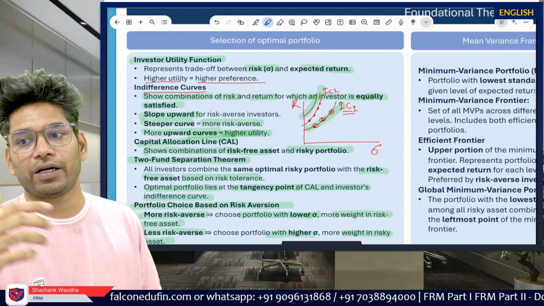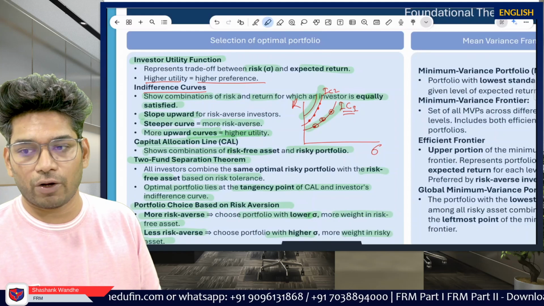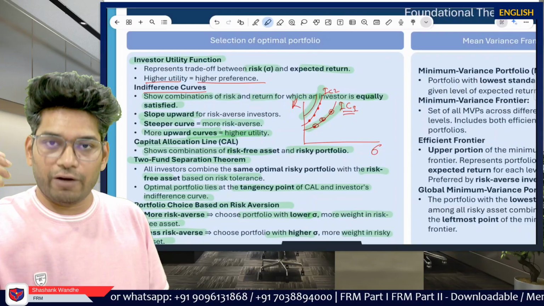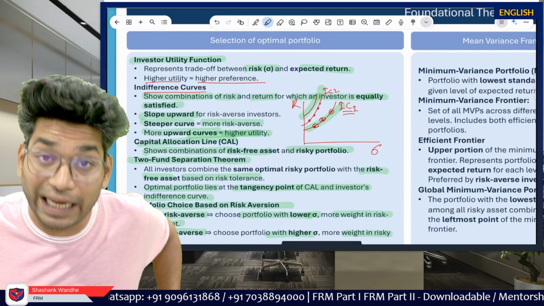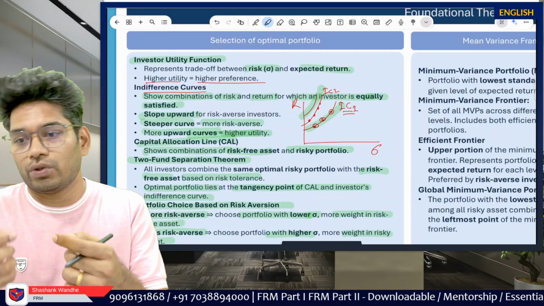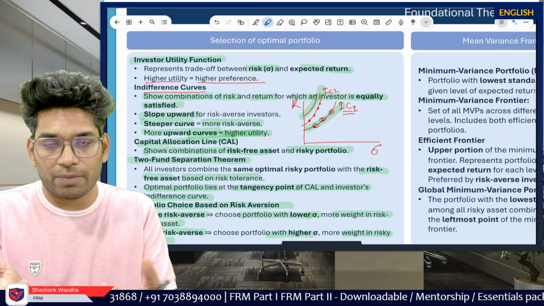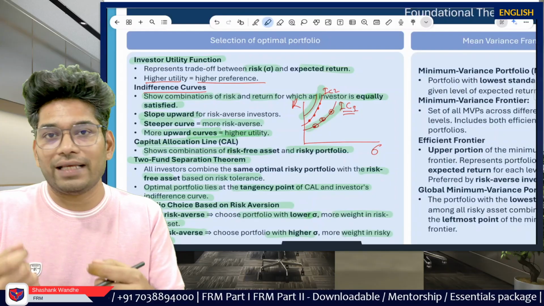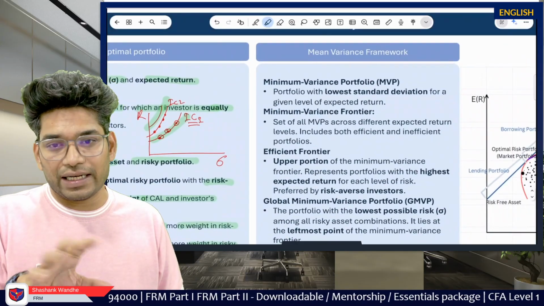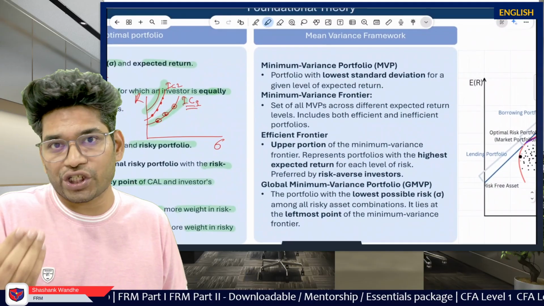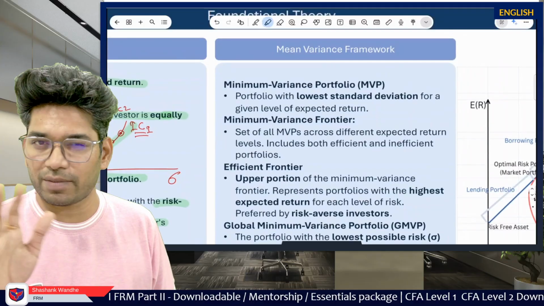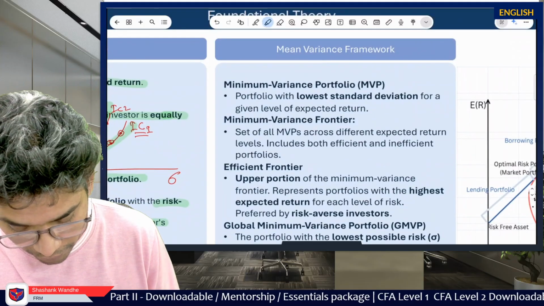For example, I simply told you what is the indifference curve, what is this capital allocation line, what is two-fund separation theorem, and so on. Now, ideally, if this is a regular class, I should be knitting or stitching these multiple concepts given here together, how one is related to another. But in my opinion, this will extend the discussion, and is not relevant for the question part. That's why we are ignoring it. This is just my assumption.